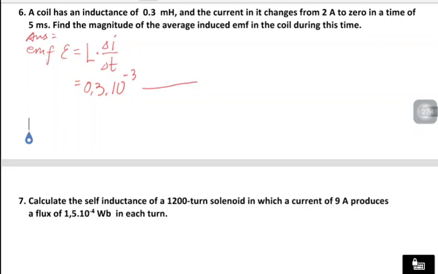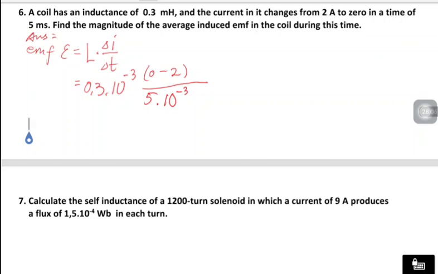Times, it changed from 2 to 0, so the change is 0 minus 2, divided by time 5 millisecond, 5 times, changed into second, 10 to the minus 3 power.